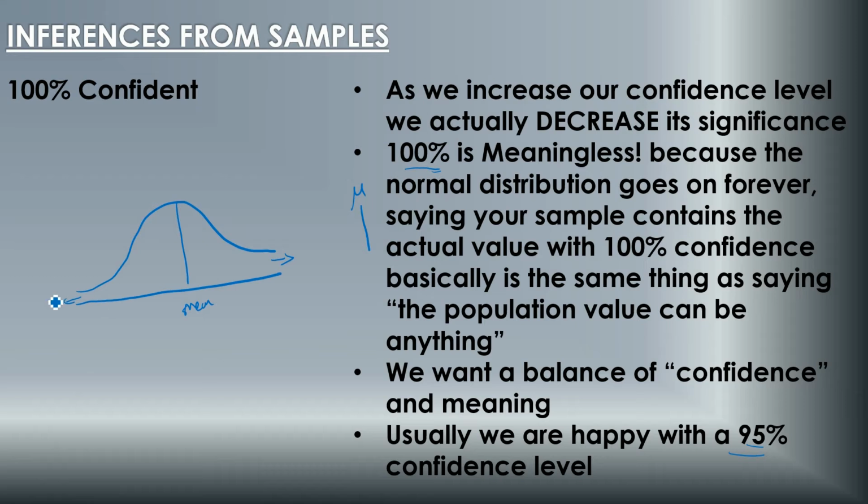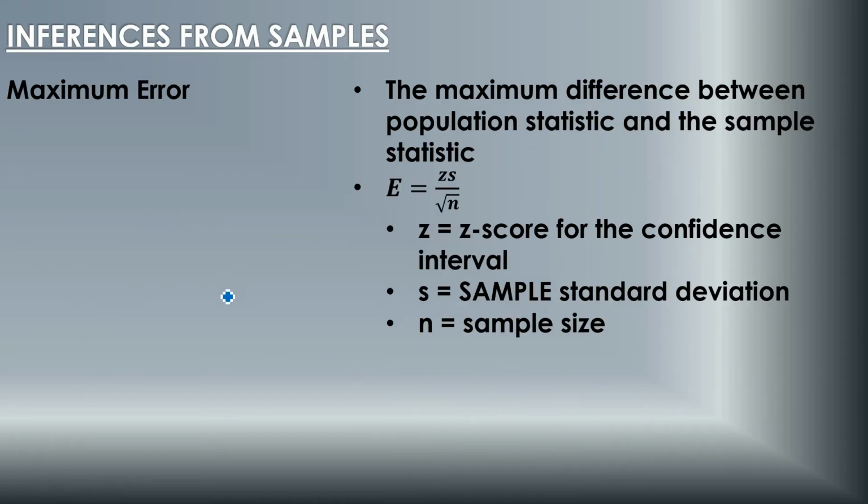And it's not like way out there on our distribution. Okay, so maximum error is going to be very important to us. And what this tells us is the maximum difference between the population statistic and the sample statistic within our confidence interval.